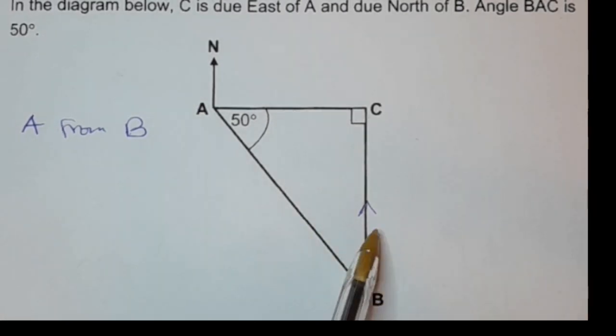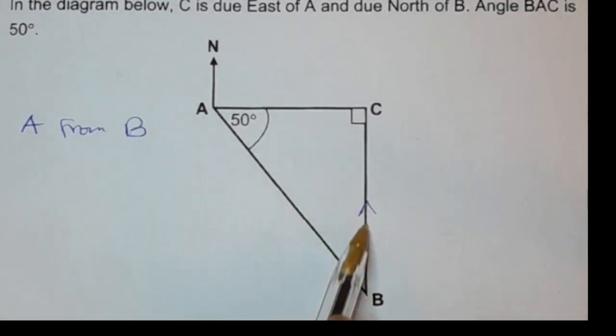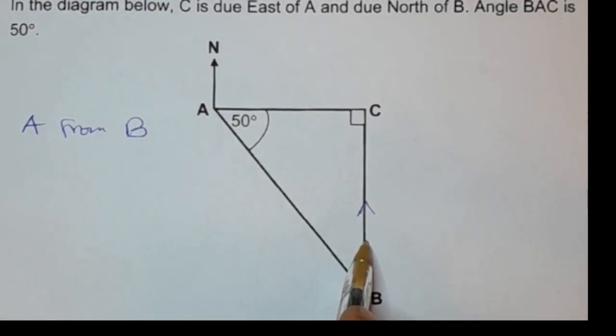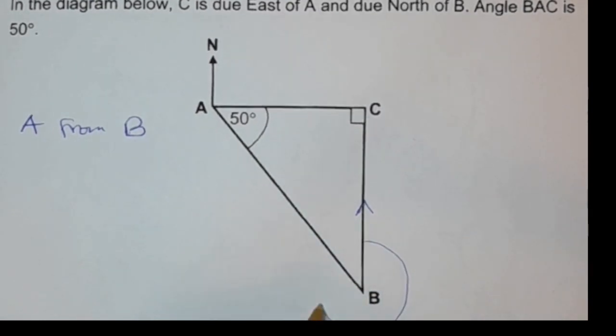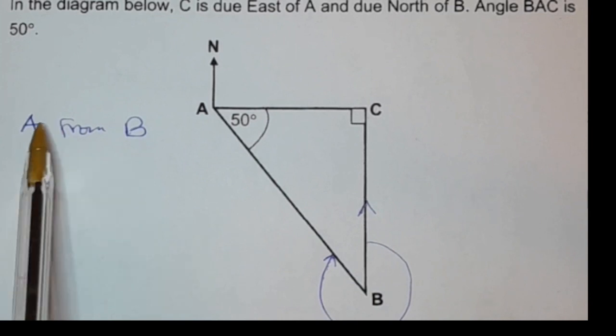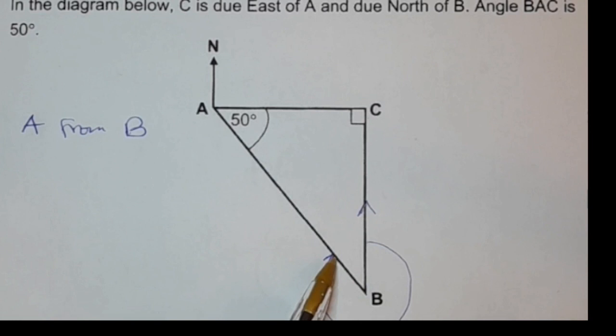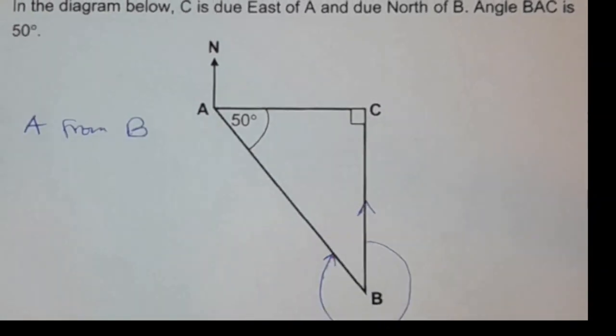From the previous videos we have learned that bearing is measured from the north clockwise until you meet the line that connects, in this case, AB. So we move clockwise like this until we meet the line that connects A and B, because they are saying you need to find the bearing of A from B.